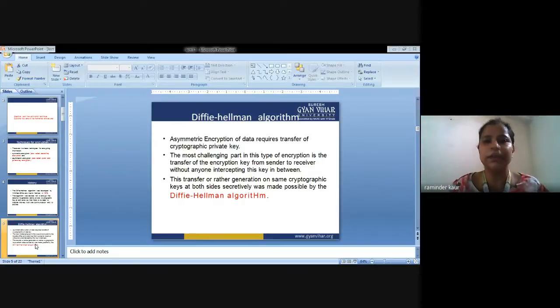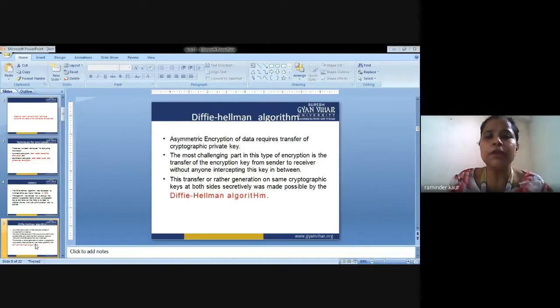Diffie-Hellman is an asymmetric encryption that requires transfer of the cryptographic private key. The most challenging part in this type of encryption is transferring the encryption key from sender to receiver without anyone intercepting it in between, because the two parties exchange information over the internet, and it must be kept secret as it is the mutual understanding between the two parties.